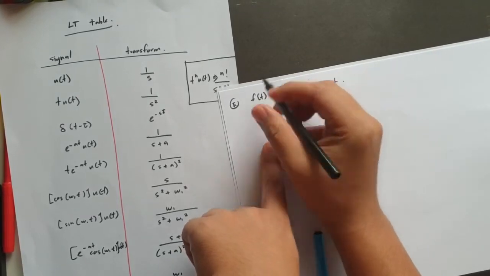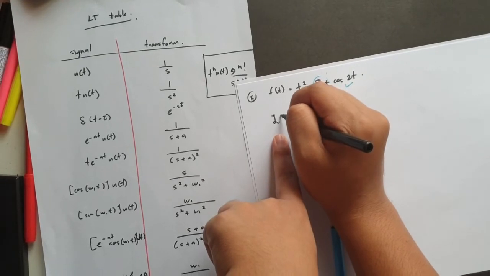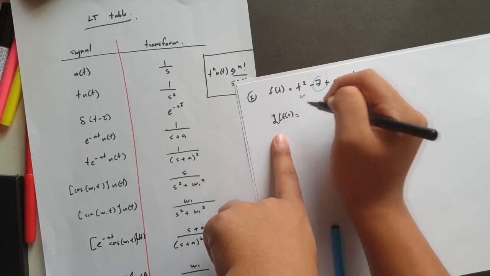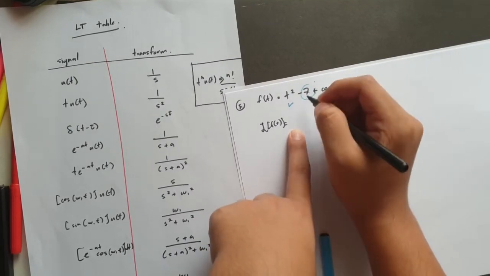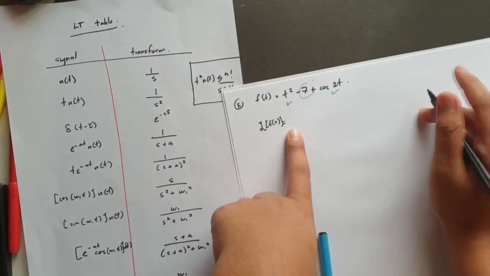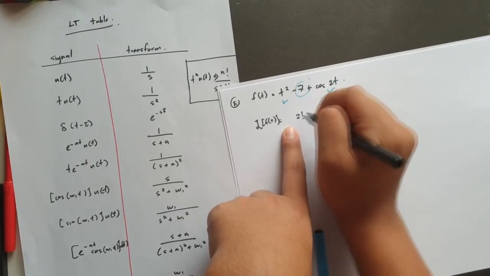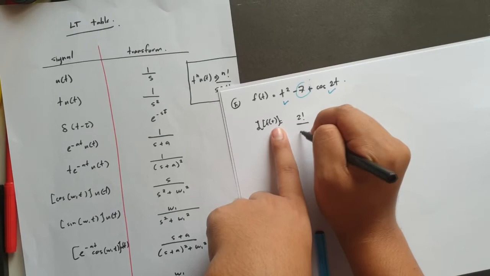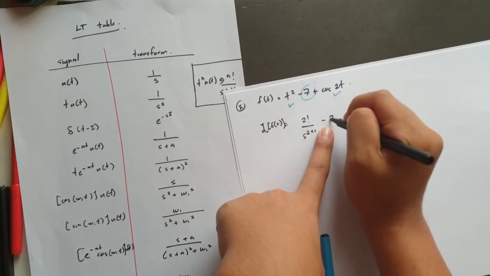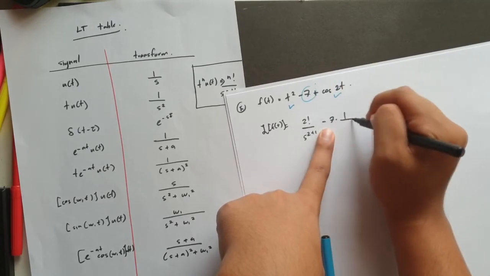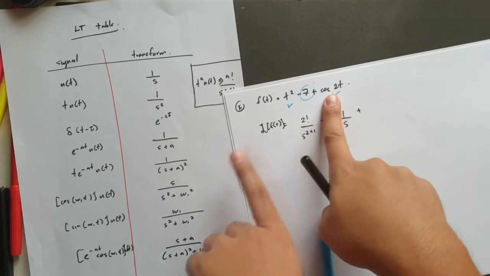So straightforward to do: 7 you can pull out, u(t) is 1 over s, plus cos.